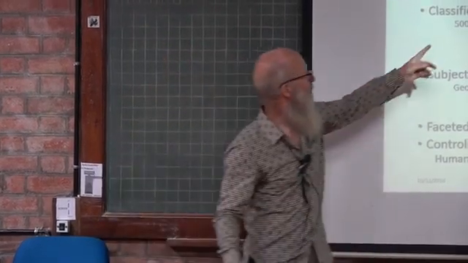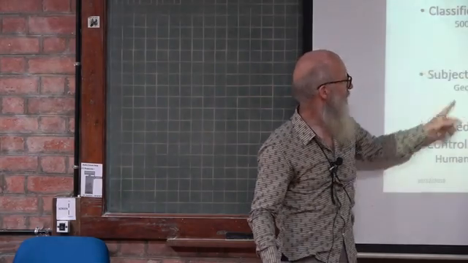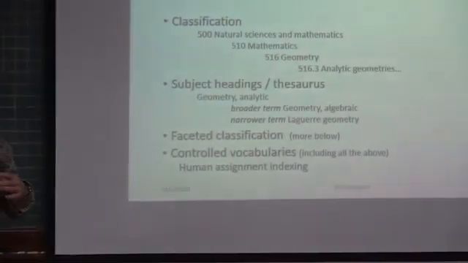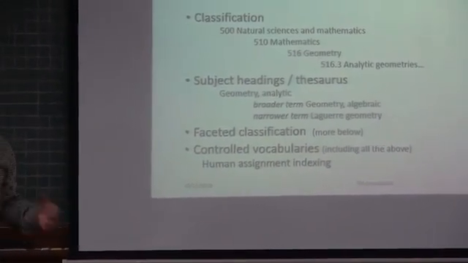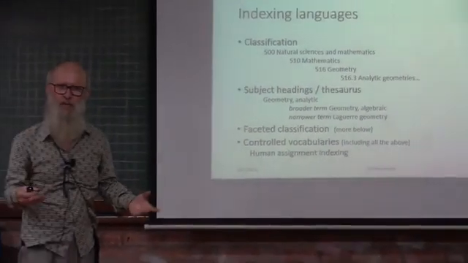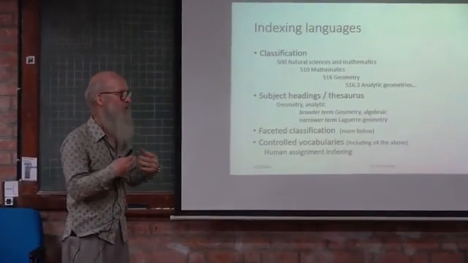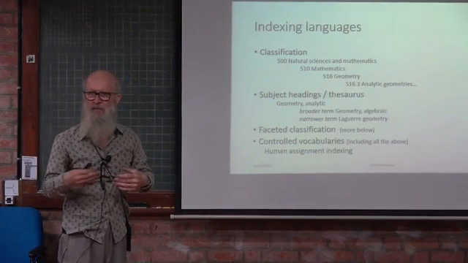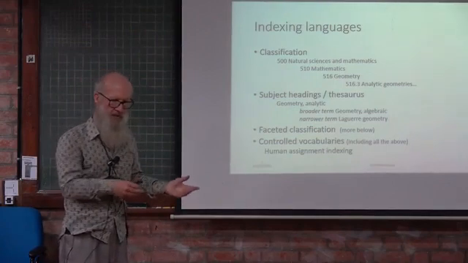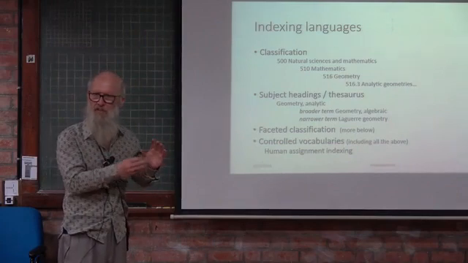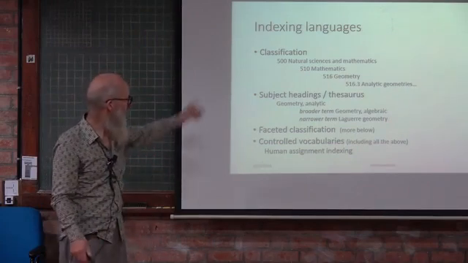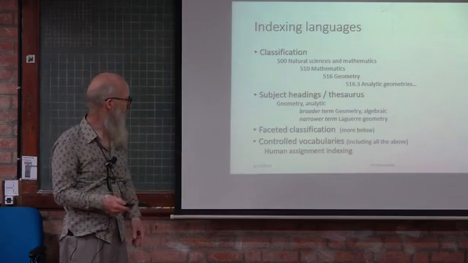So terms like 500 with an explanation, or this term, form a vocabulary which has been set up, designed, constructed in its entirety by human beings in order to be systematic, to not have duplication, to not have synonyms, to be clear about what each term means. So all of these count as controlled vocabularies.